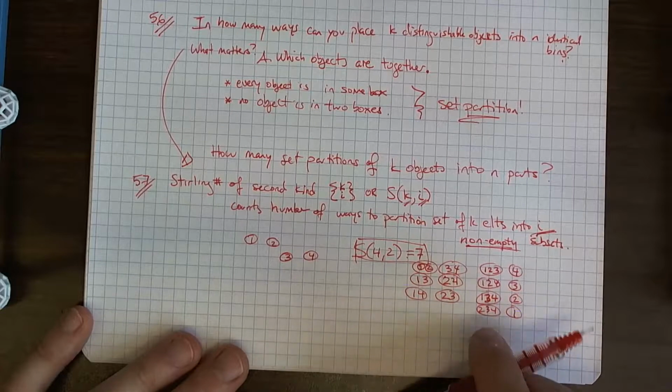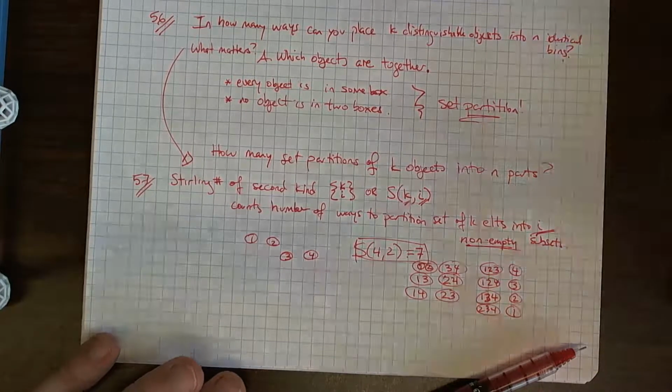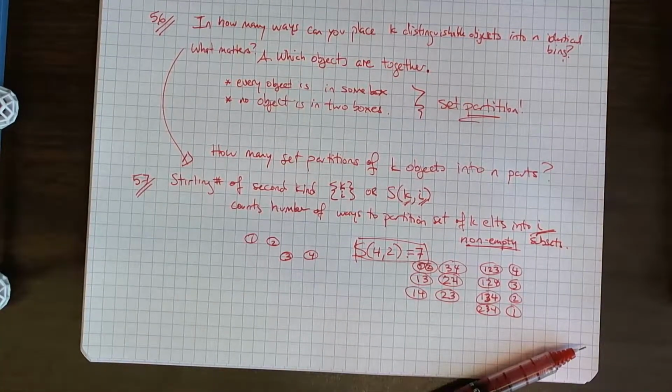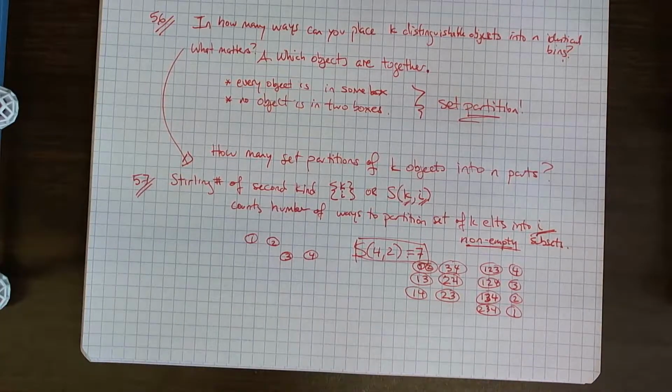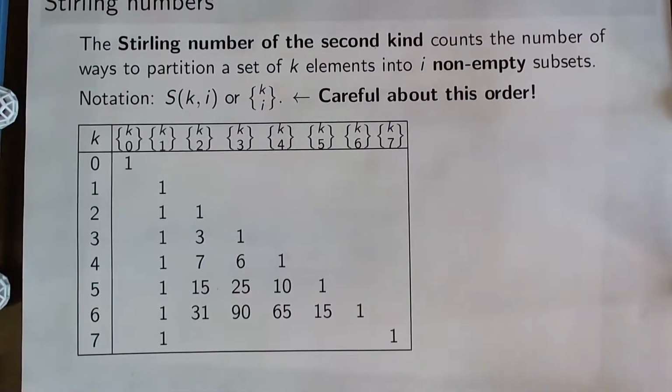All right, I'm going to print out this chart that I have. There's the sound of the printer, hot off the presses. We get our table of the Stirling numbers of the second kind. It looks like this.